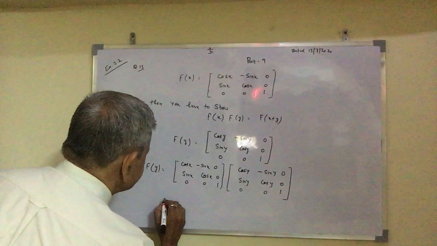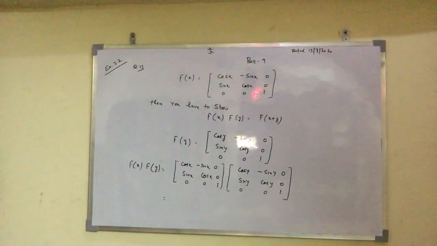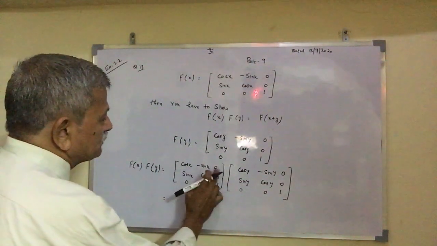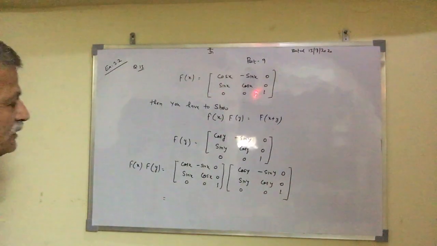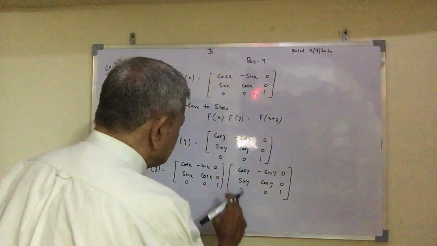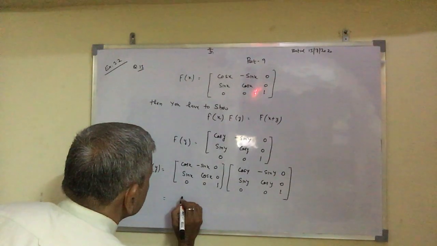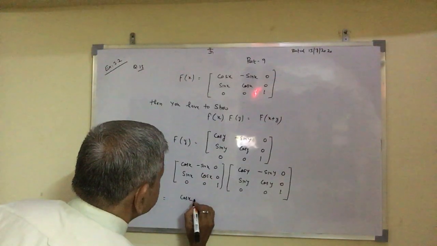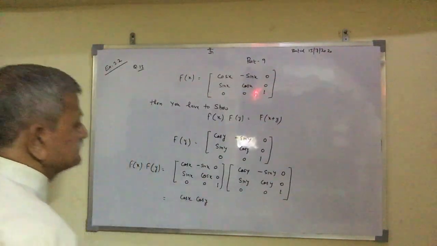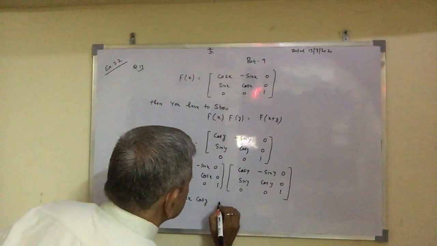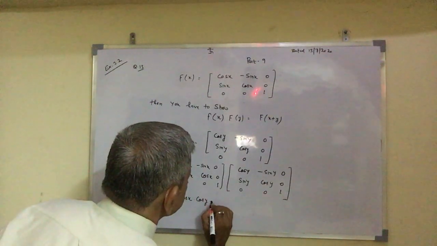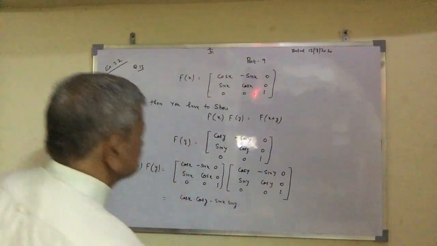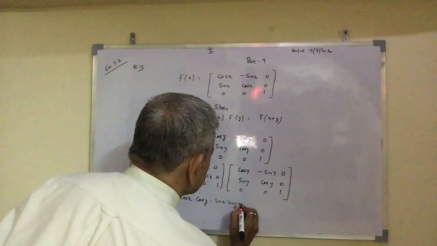Now, afterwards, as we have already discussed, you have to multiply the R1 row with the C1 column. So your value will be cos x into cos y, minus sin x into sin y, plus 0.